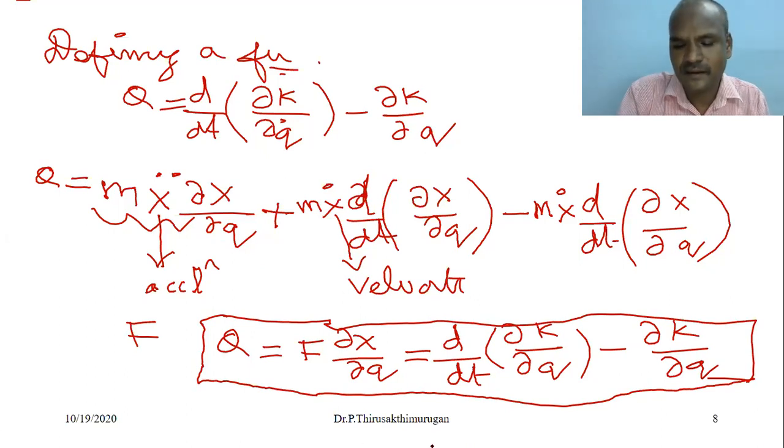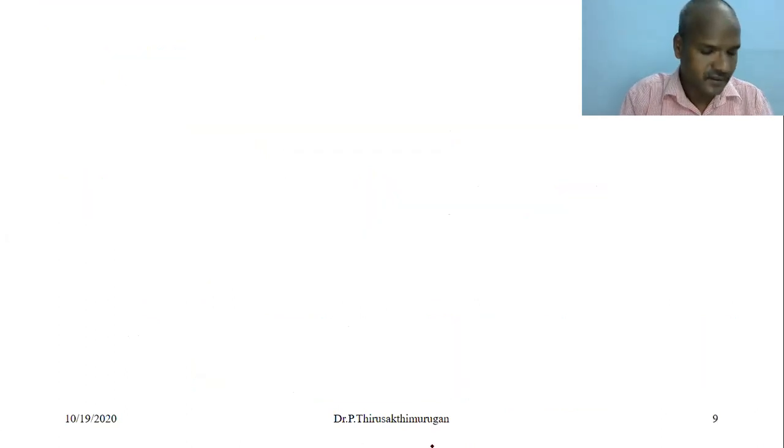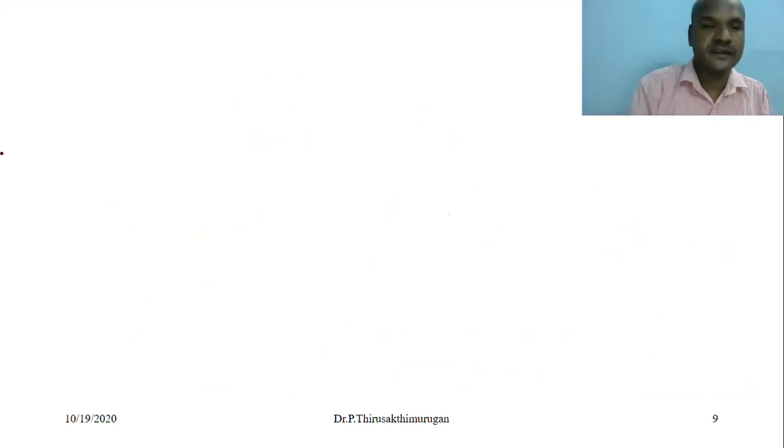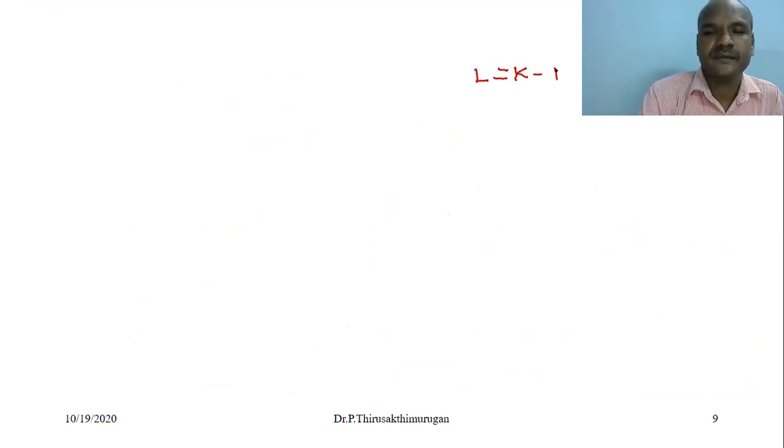So here we are going to represent the Lagrangian formulation. What is Lagrangian formulation? He defined the function L equal to K minus P, right?